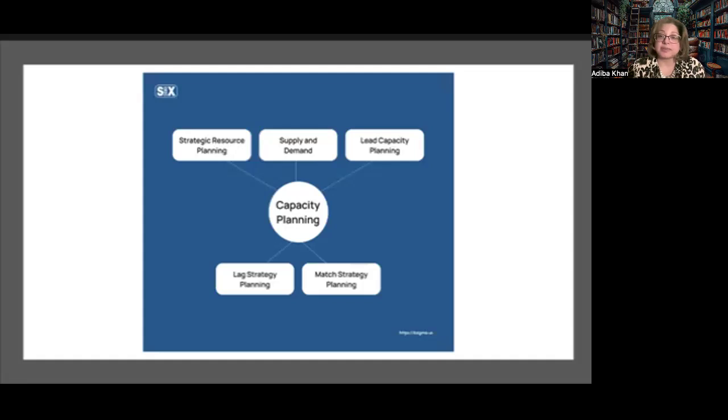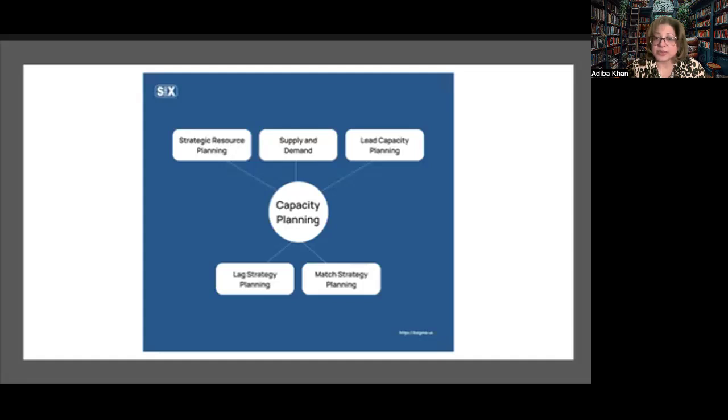In chase capacity strategy, you're adjusting your output to match those demand fluctuations. And you're still minimizing that inventory, but there's always going to be that risk of requiring overtime, maybe even subcontractors or temporary workers for when there's a sudden rise in the demand.